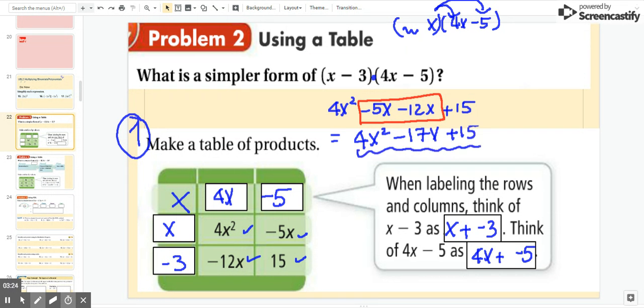Now we get the simpler form of this. It's also called expanded form after you multiply. So how can we name this polynomial? It's a quadratic trinomial.